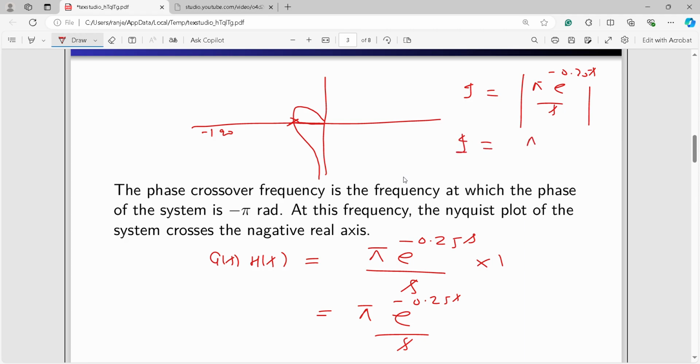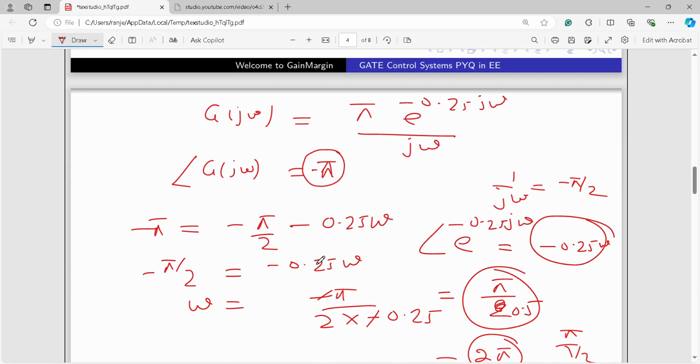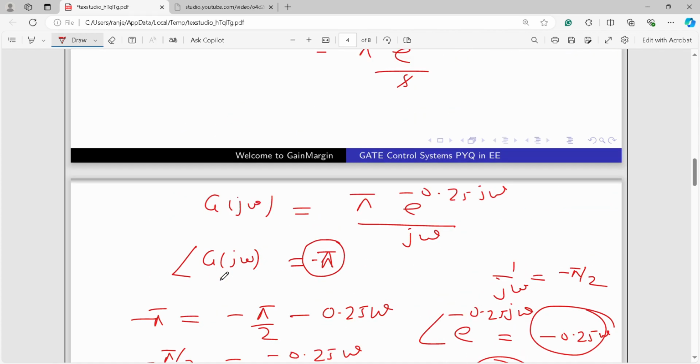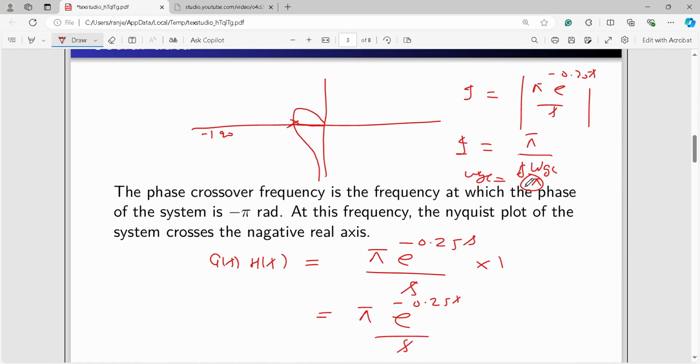So pi by j omega gc, where gc is the gain crossover frequency. Here omega gc comes out to be pi, whereas what we calculated earlier was the phase crossover frequency, omega pc. So here omega gc is equal to pi.